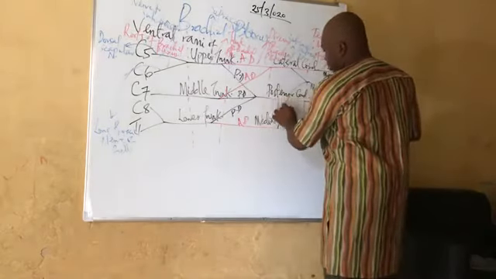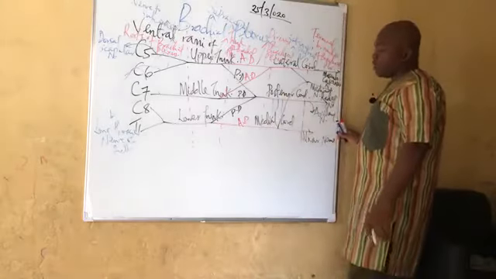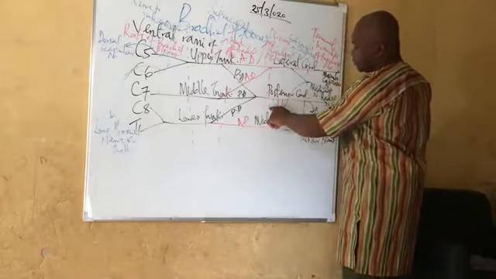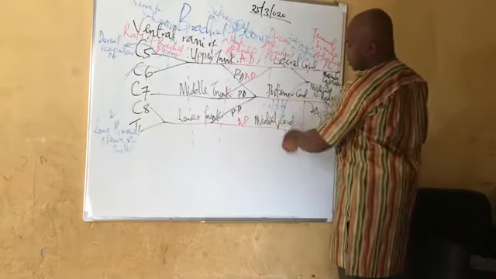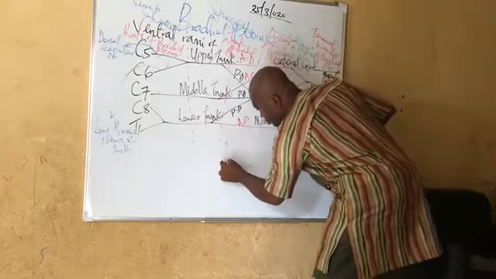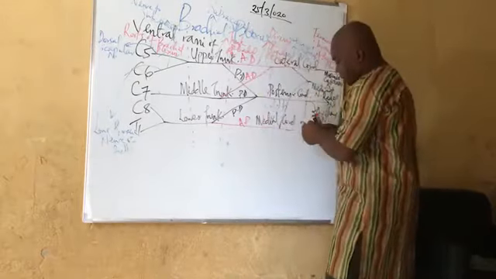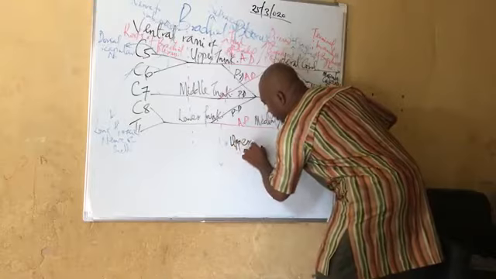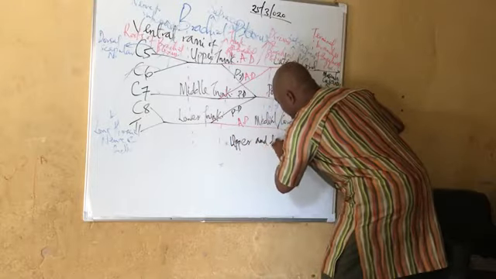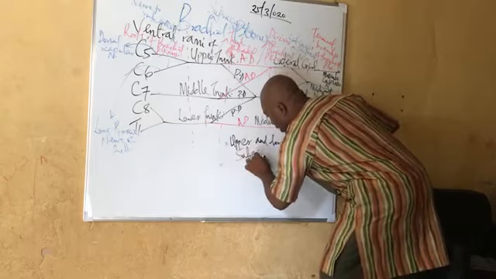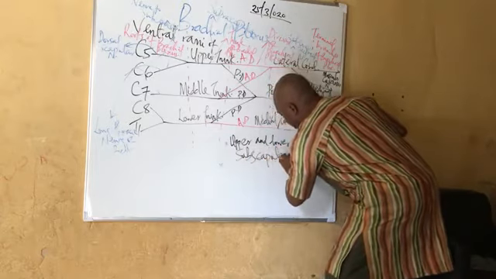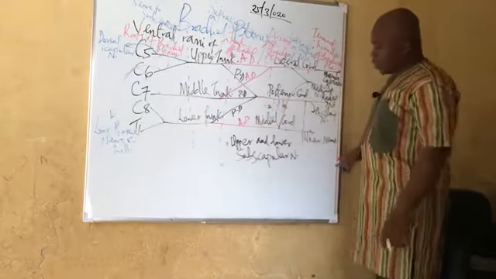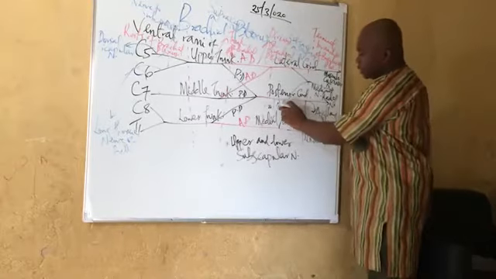Then coming to the posterior cord of the brachial plexus, there are three branches that emerge. The ones at the proximal and the distal ends are called the upper and lower subscapular nerves.